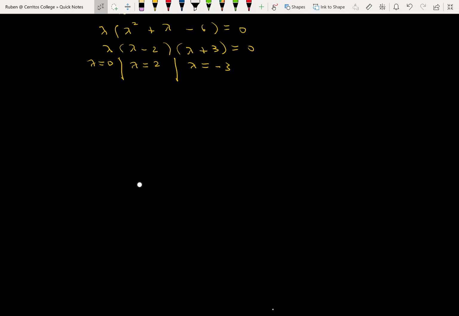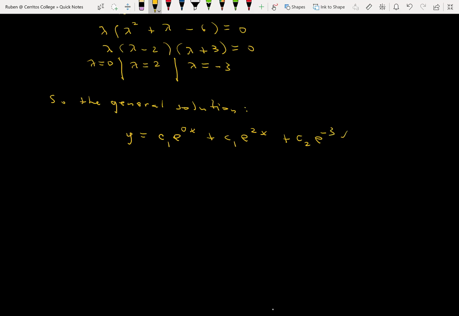The general solution is y equals c1 e to the 0x, corresponding to lambda equals 0, plus c1 e to the 2x plus c2 e to the negative 3x.